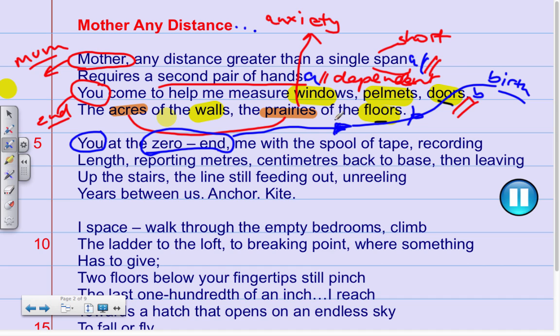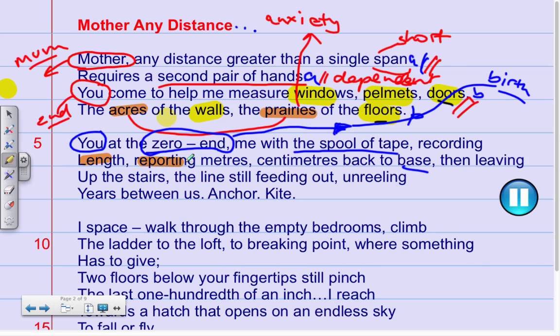You at the zero end, me with the spool of tape. So she stays fixed while he moves around. And again, this idea, the zero end, her staying fixed, links in nicely with this idea of the base, and I'll come to that in a second. Recording length, reporting meters.